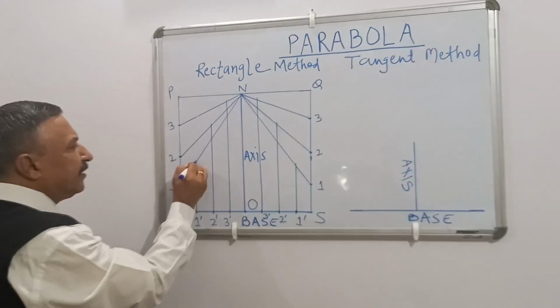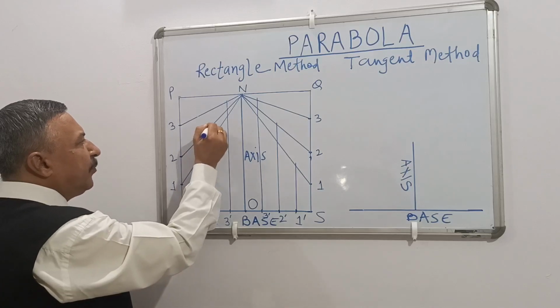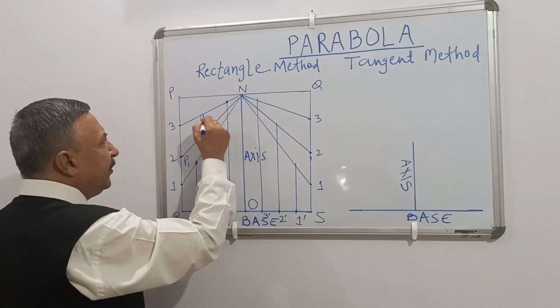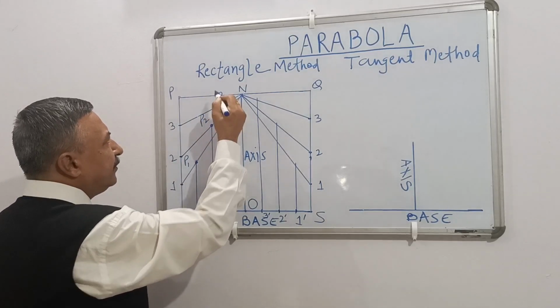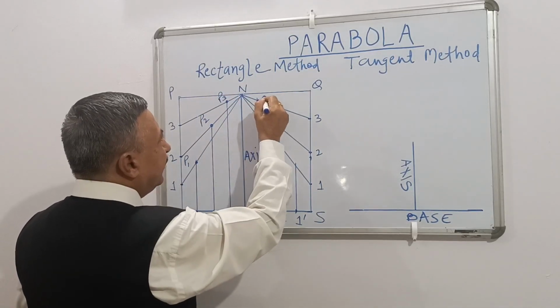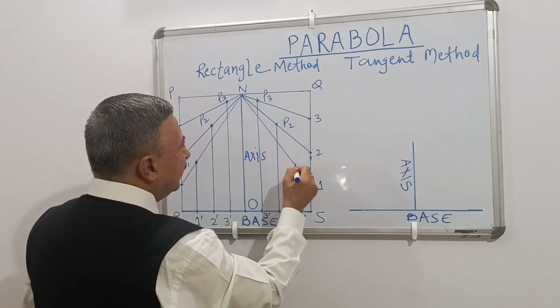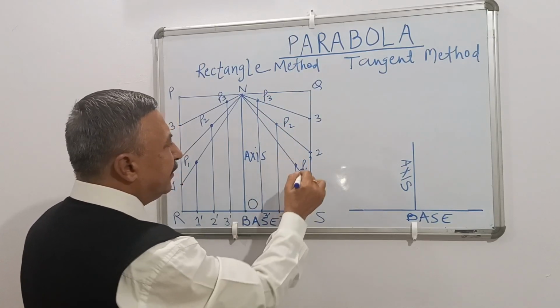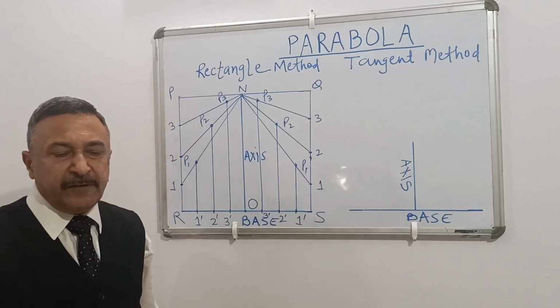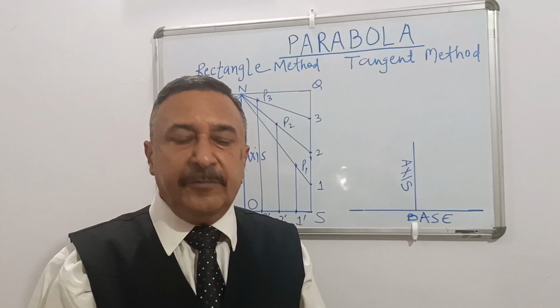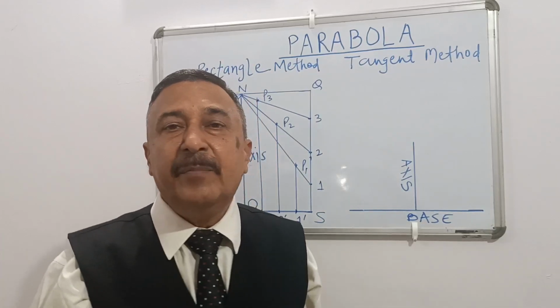Now these are our required points. We can name them P1, P2, P3, and again on this side P3, P2 and P1. Now if we join these points by a free and smooth curve, we get the required parabola.